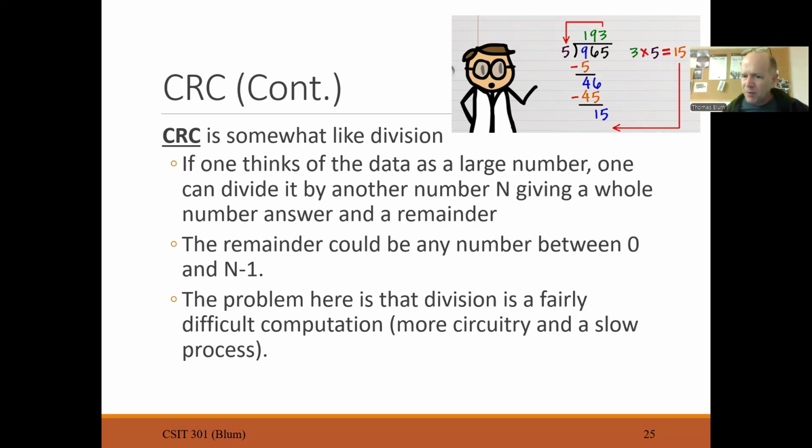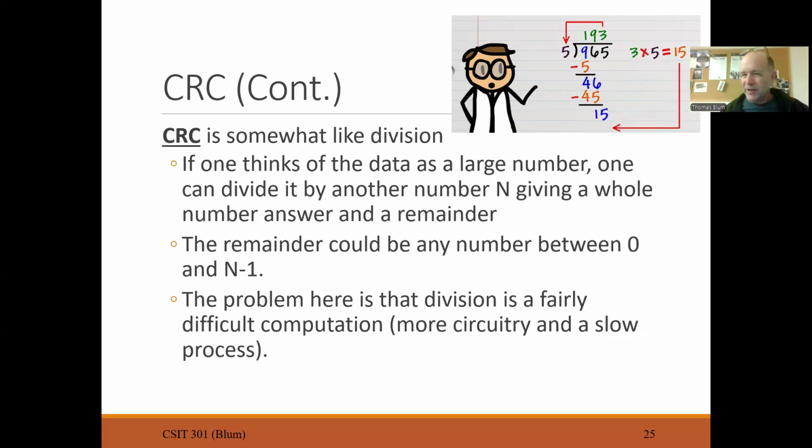Then you would get some number and some remainder. If I'm dividing by something with n bits, then my remainder would be a number between 0 and n minus 1. It's not quite this, but it's something like this.